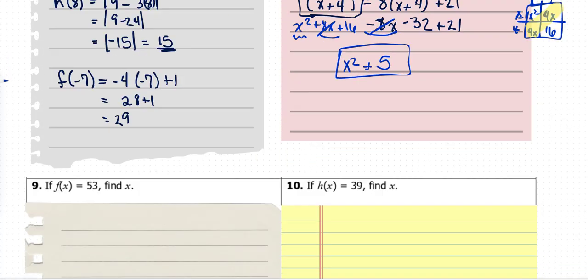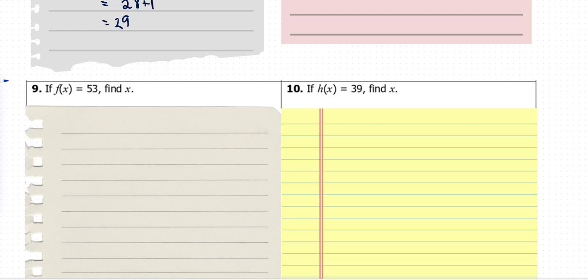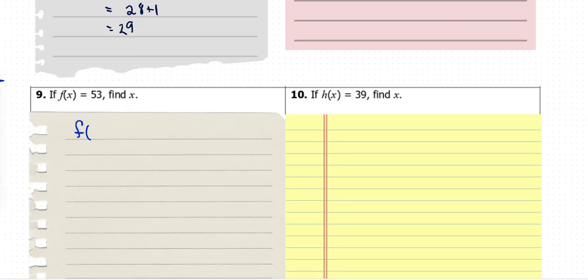So let's look at this next one. So f of x function, in case you forgot, since it's no longer up here, is equal to negative 4x plus 1.